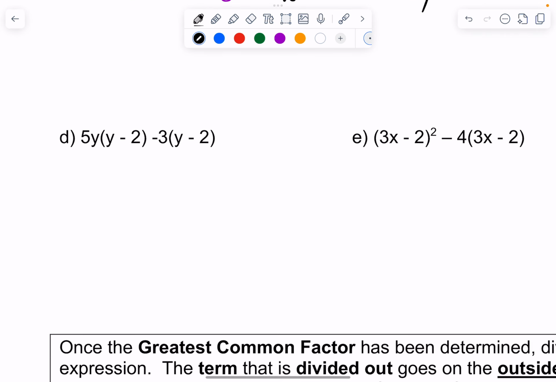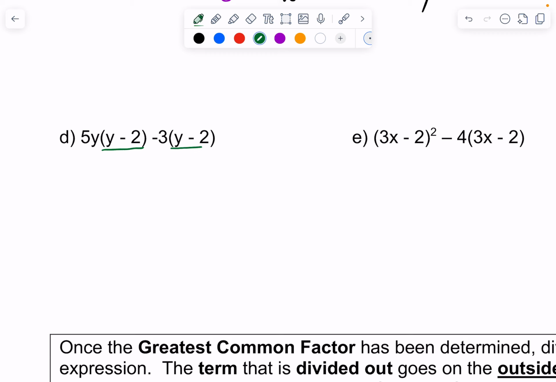This one, way more complicated, right? Not really, but it looks more complicated. In this case, you have to visualize this bracket as kind of like its own term or own thing.